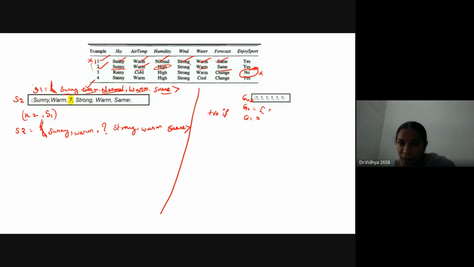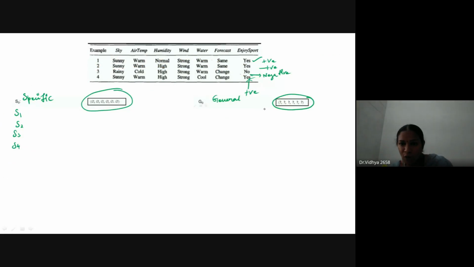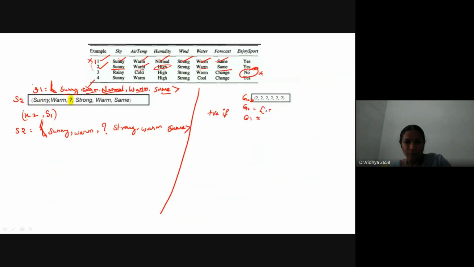If any particular instance should be reflected as positive but is reflecting as negative, it should be cancelled from here. That is the idea behind it. Since we have the first two instances as positive, G0 is a question mark. Similarly G1 is also a question mark, because it represents the general hypothesis.